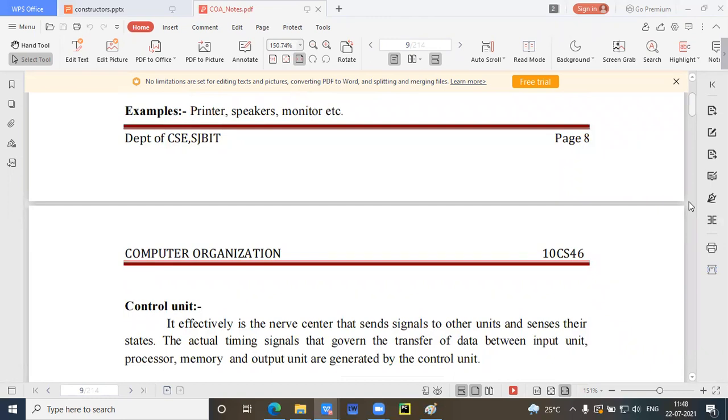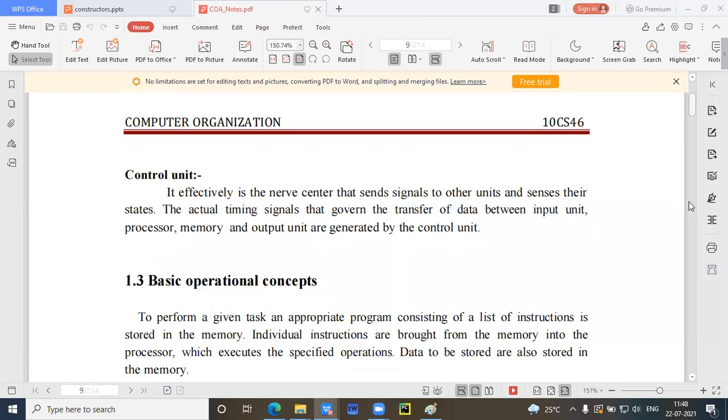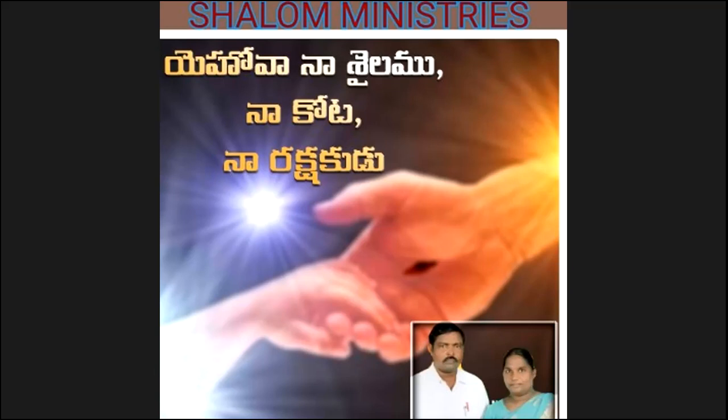Monitor gives the screen output, speakers give sound output, printer gives paper output. And the final one, the control unit. It is effectively the nerve center that sends signals to other units and senses their states. The actual timing signals that govern the transfer of data between input unit, processor, memory, and output are generated by the control unit. This is the functional unit.